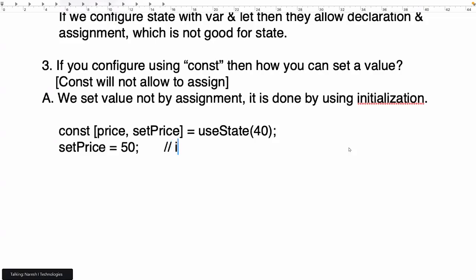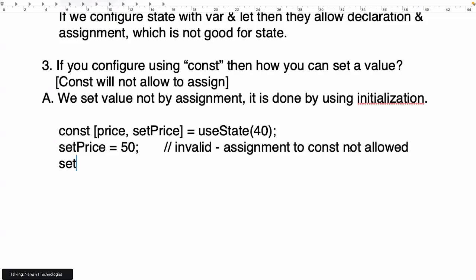This is invalid. Why is it invalid? Assignment to constant is not allowed. But if I say setPrice(50), it is allowed. So this is valid. Why? Because I am not assigning, I am initializing now.